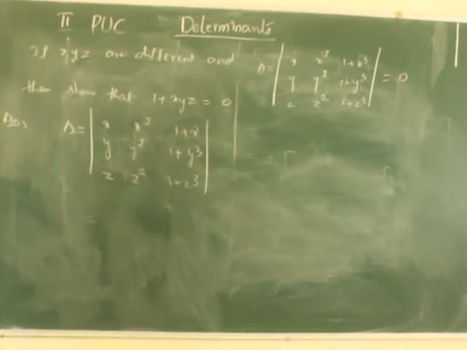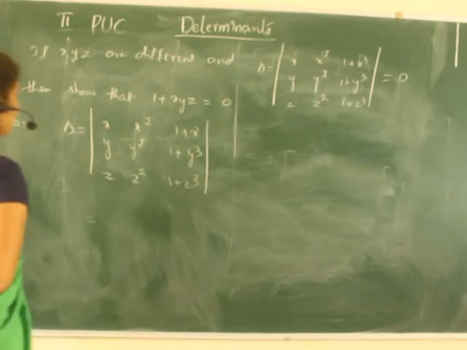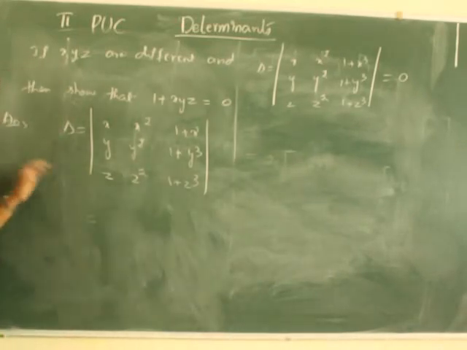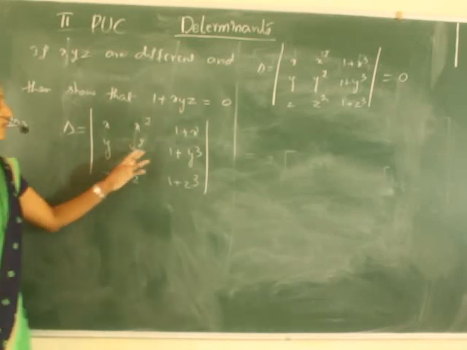We can use the property that if all the elements of any row or column are expressed as a sum of terms, then we can express the determinant as a sum of determinants. So I can express this as a sum of two determinants.